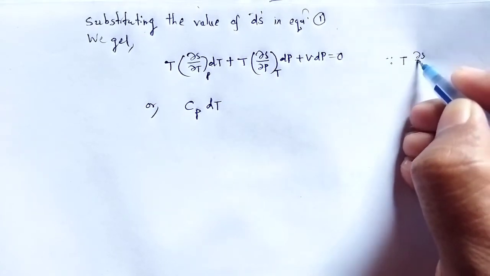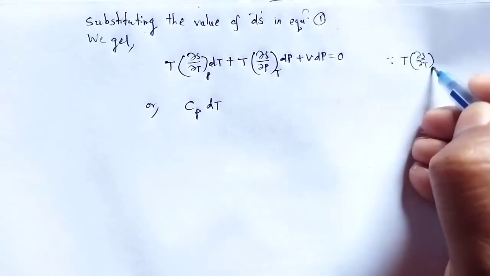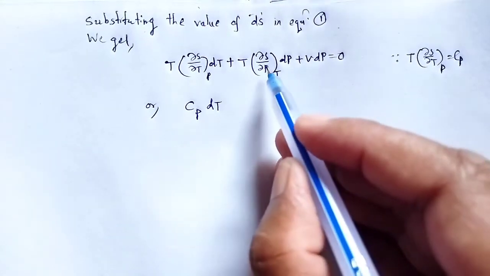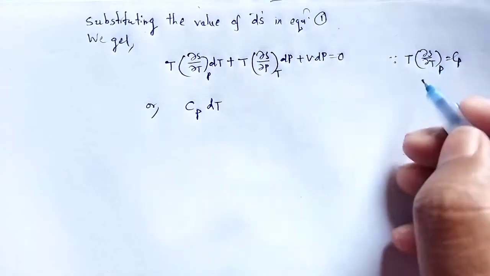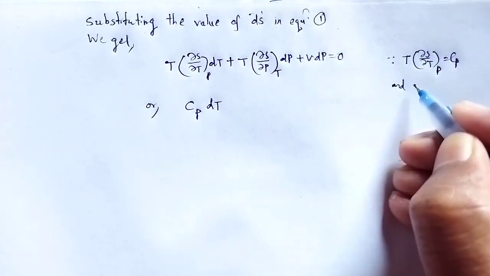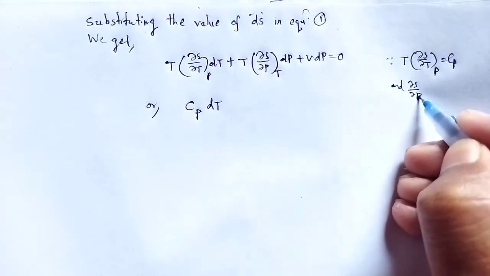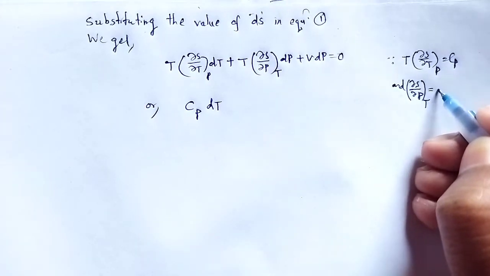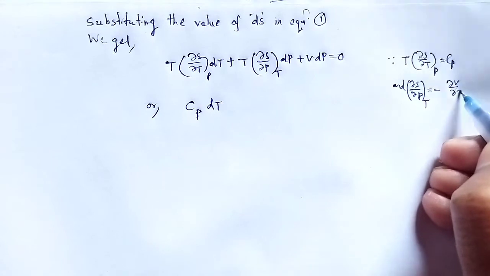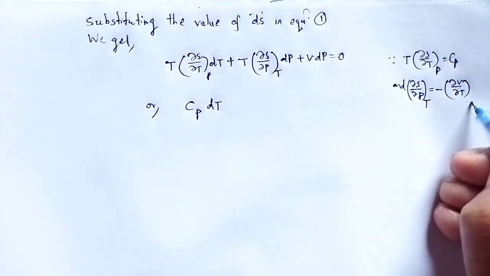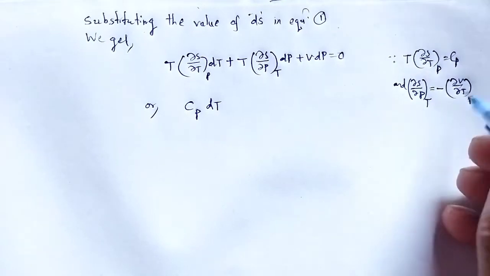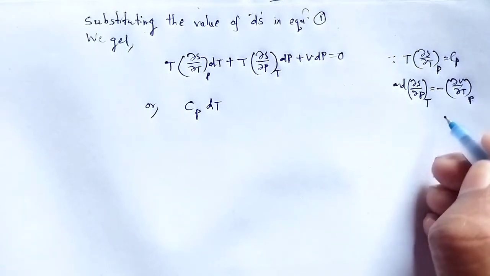T del S by del T at constant pressure is the Cp, and del S by del P at constant temperature is equal to minus del V by del T at constant pressure. That is from Maxwell's relation.